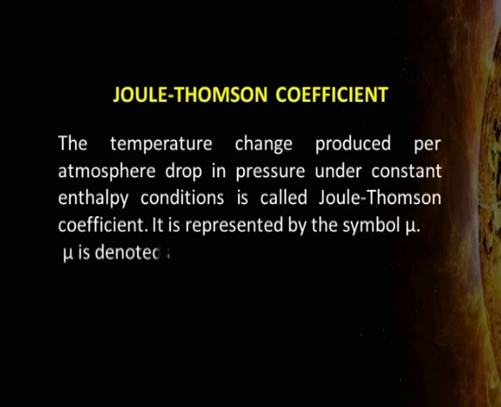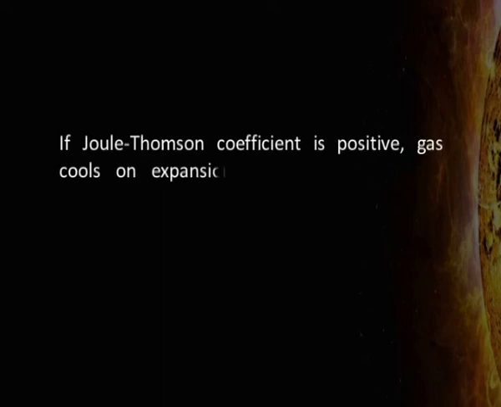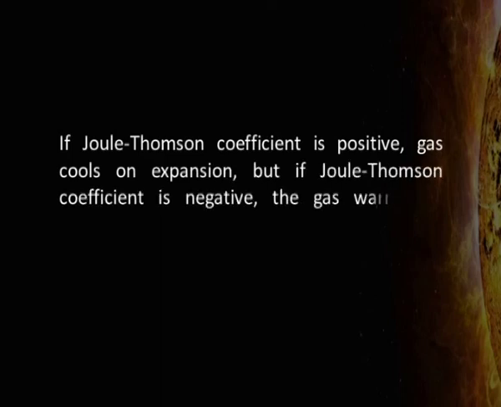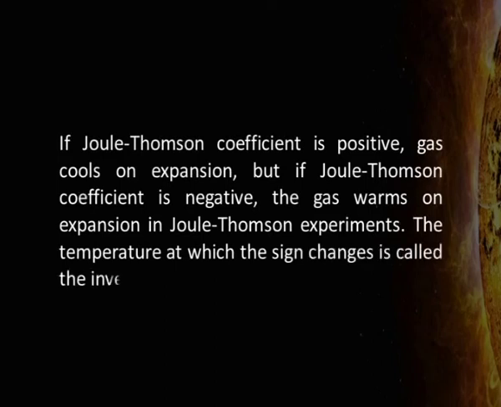Mu is denoted as dT by dP. If Joule-Thomson's coefficient is positive, gas cools on expansion, but if it is negative, gas warms on expansion in Joule-Thomson's experiment. The temperature at which the sign changes is called the inversion temperature.